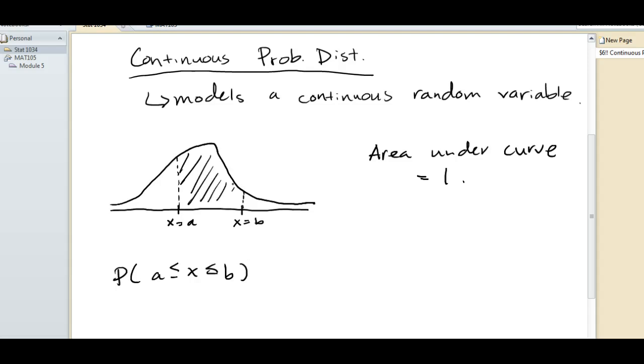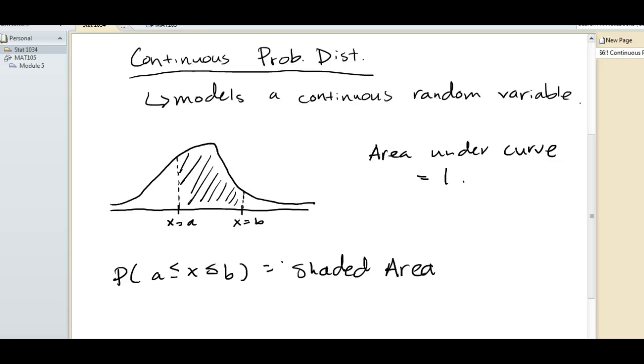So this shaded area right here would represent the probability that the continuous random variable is between those two x values. So right now it's not so obvious how we would do something like that, because we don't have a standard way of finding these values.